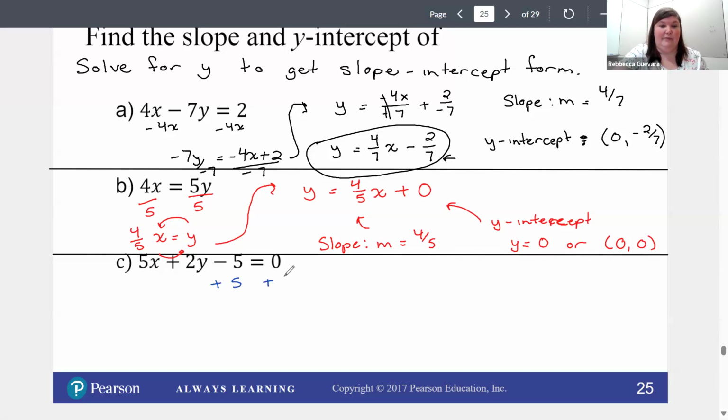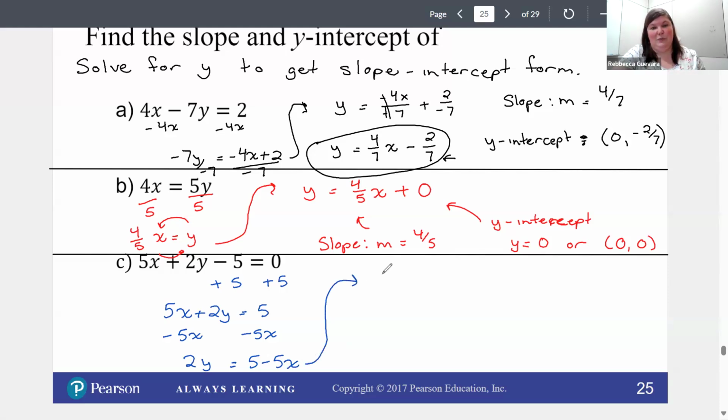So I can add 5 over here and I get 5x plus 2y equals 5. Then I can subtract the 5x from both sides. And now I have 2y equals 5 minus 5x, which is perfectly fine to write it that way. Then we have to divide everything by 2.